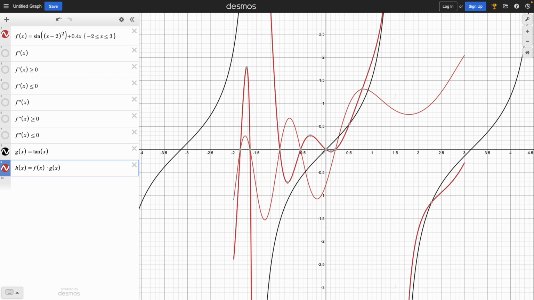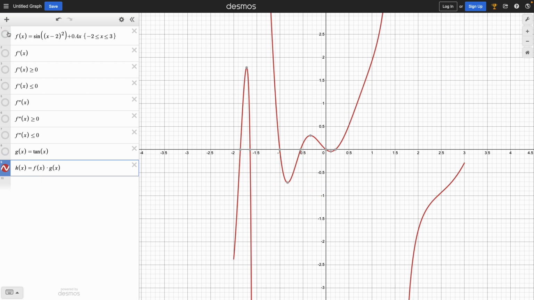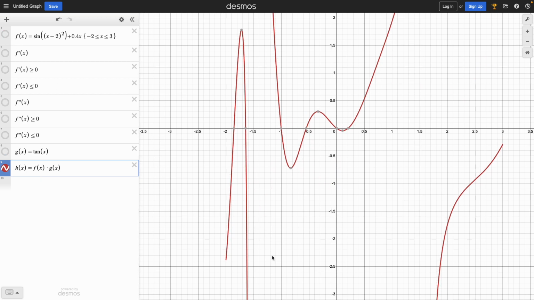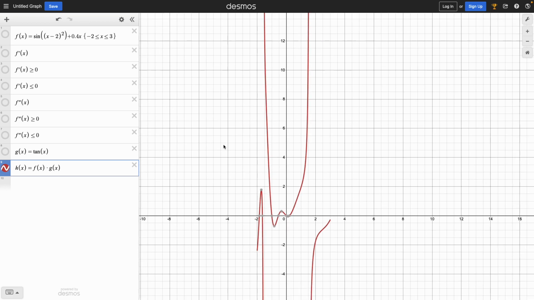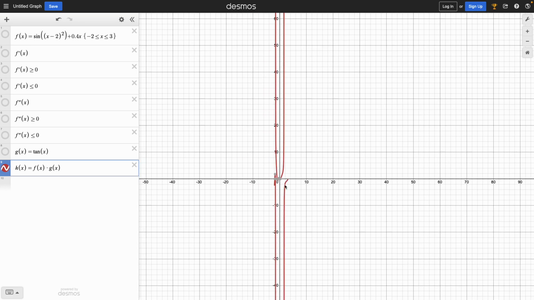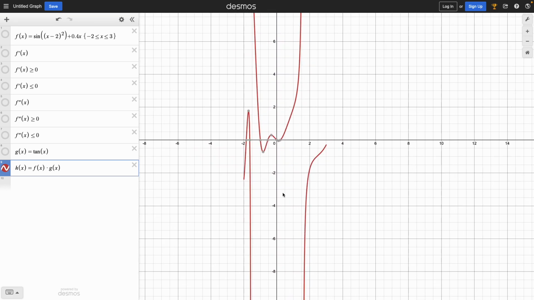I use the star symbol on the keypad of my keyboard for the multiplication operation. It is transferred here as a dot product. And now I have f of x times g of x here, which is a little bit weird function, but I don't care about it.